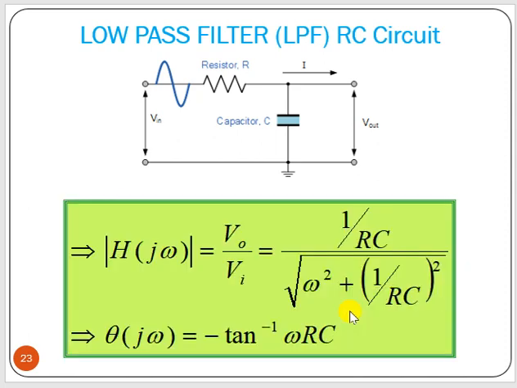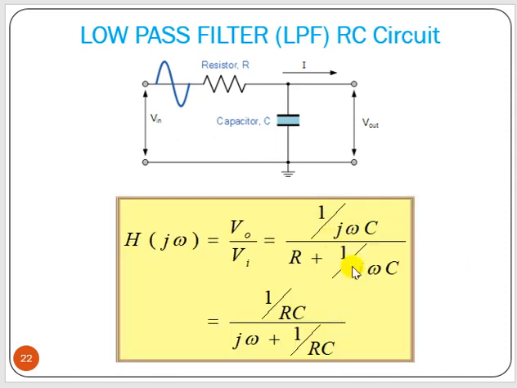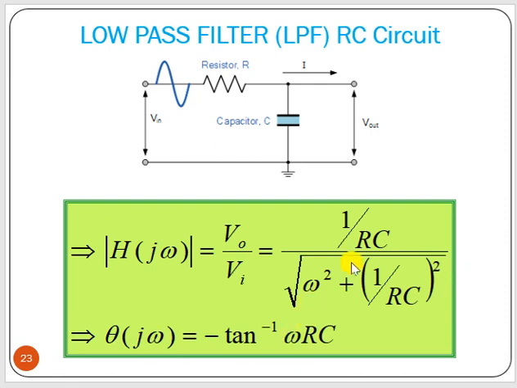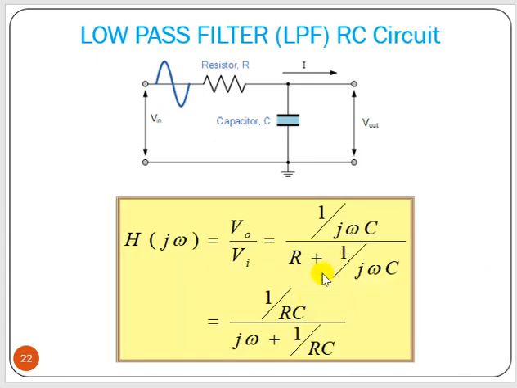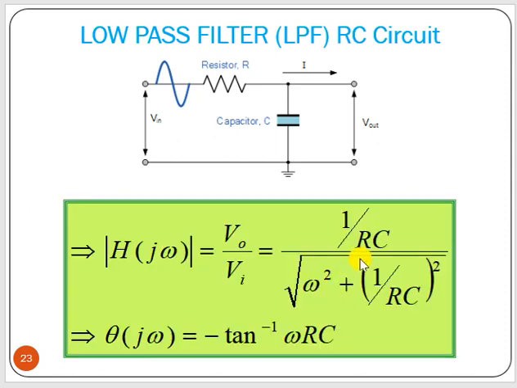Now we can write this term as 1 by RC over root of omega square plus 1 by RC whole square.